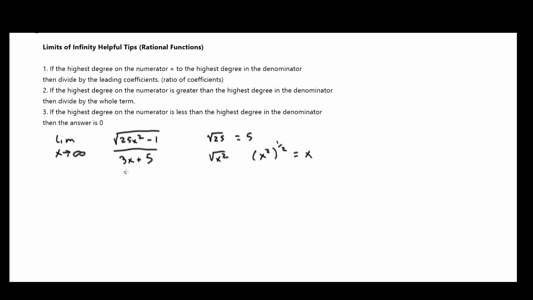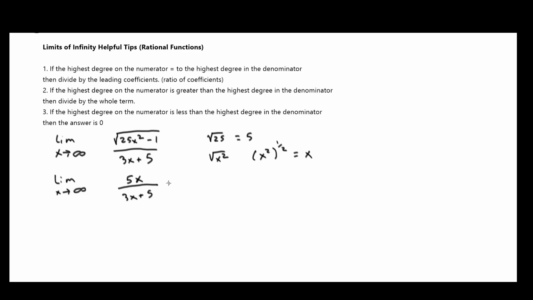Now that we have that figured out, you can rewrite it where you have your 5x value in the numerator over 3x plus 5. If you look at it without the radical, you notice that these degrees match, so we can use our rule 1 for this.